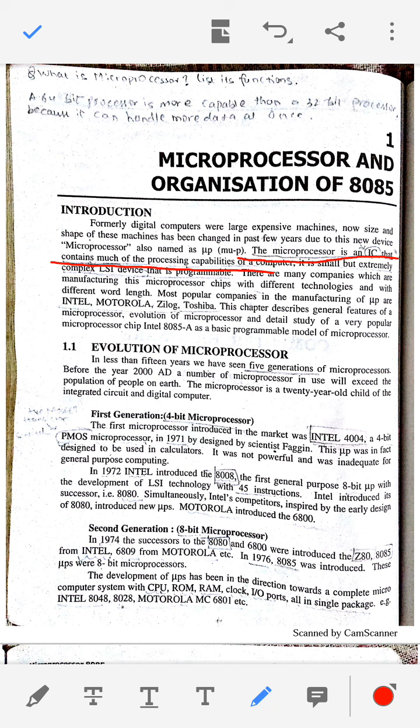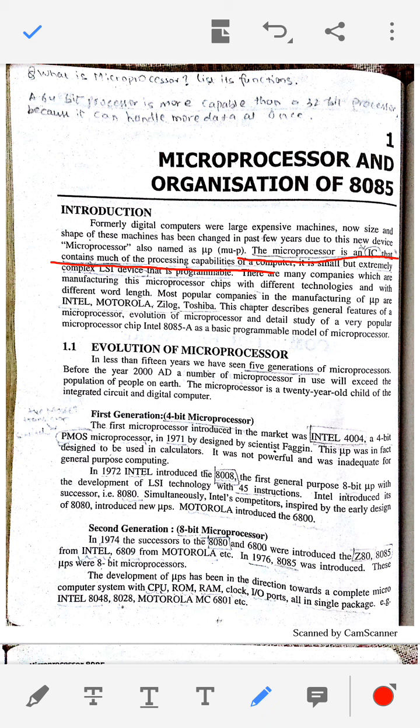It's an IC which does the processing of a computer. It is small in size because it is a complex LSI device. LSI means large scale integration. Large scale integration is the process of integrating thousands of transistors on a single silicon semiconductor microchip.